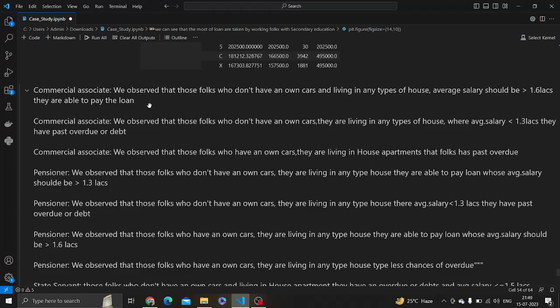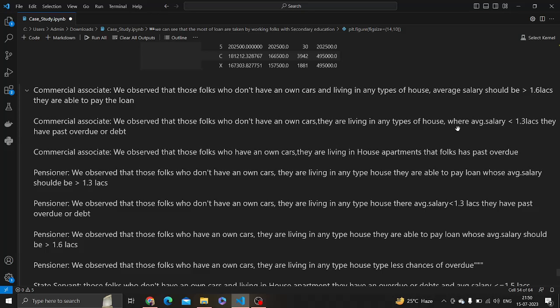The person whose average salary is 1.6 lakh in commercial associate is able to pay the loan. And we observe that those folks who don't own cars, living in any type of house, whose average salary is less than 1.3 lakhs, have past due. Those whose salary is less than 1.3 lakhs have past due or debt, living in any type of house.